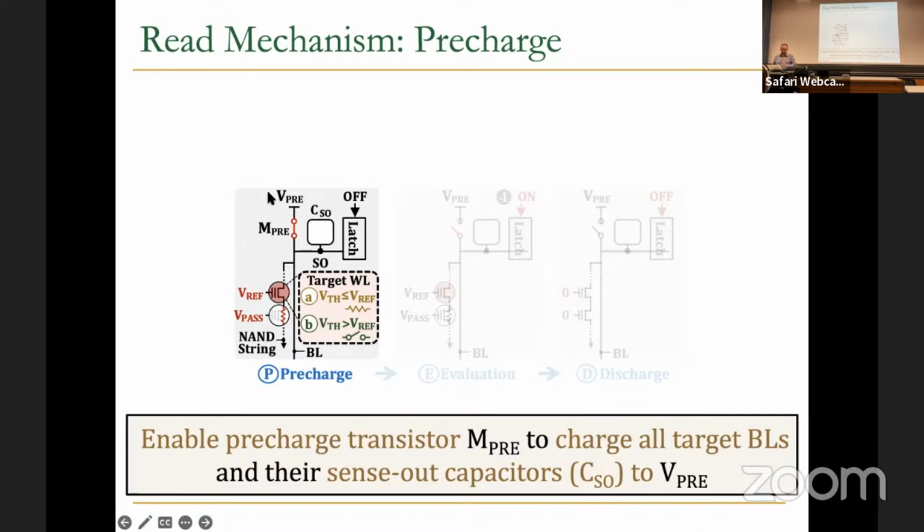So you need to do that in order to get the bit line to that pre-charge level. And here we also have a capacitor, assuming. So now you charge this capacitor CSO to high voltage.